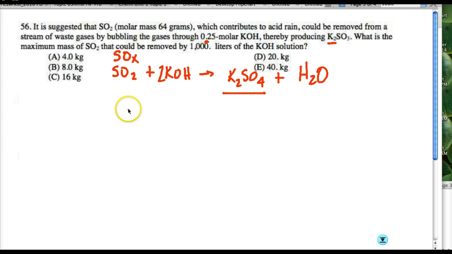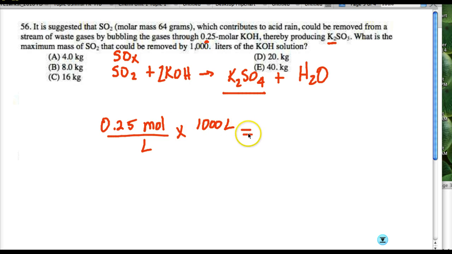So, I have a 0.25 molar solution, and that's moles per liter, and they said 1,000 liters. So that's going to give me how many moles? I need to move my decimal place 3 times. So that is 250 moles. Well, guess what? Of what? KOH.